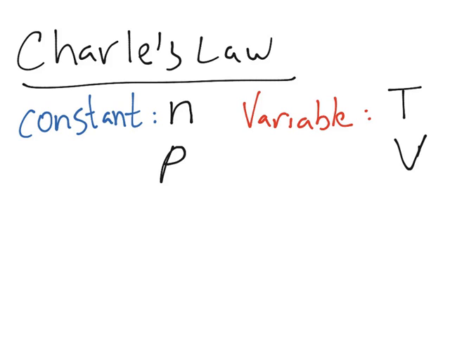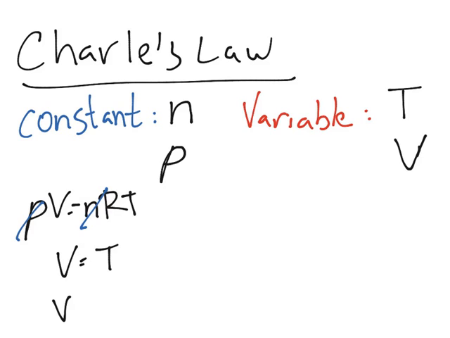So back to our ideal gas law, PV equals nRT. Well, they told us that this part and this part is constant, and the R is always constant. So it will leave us with V equals T.